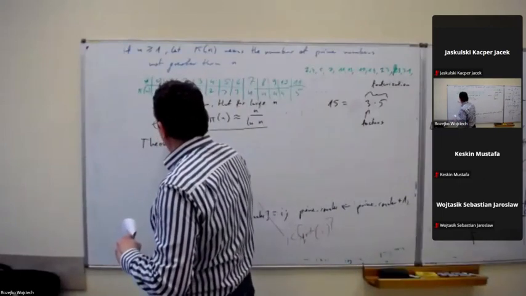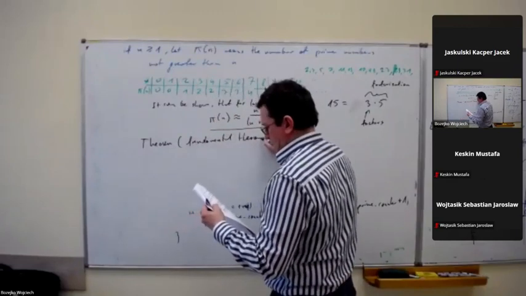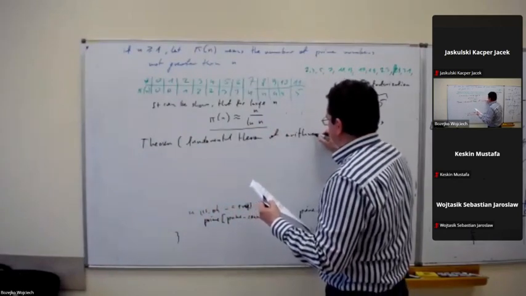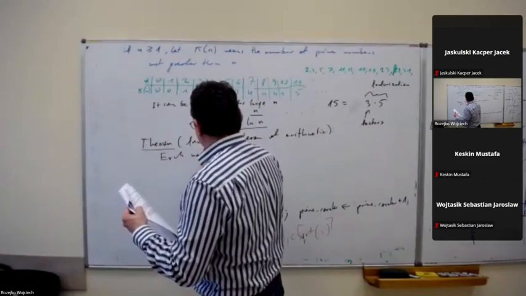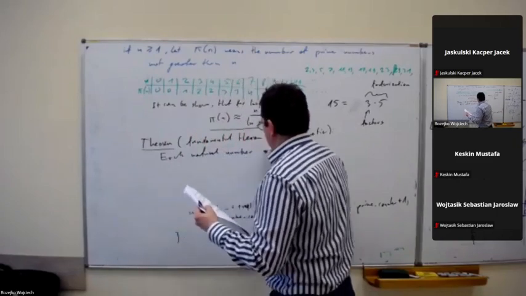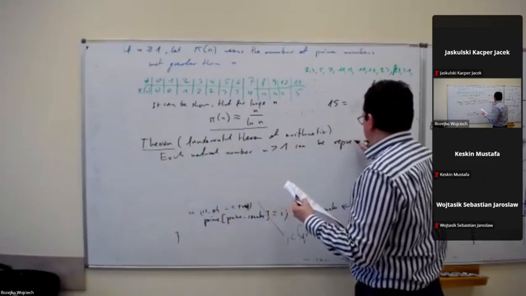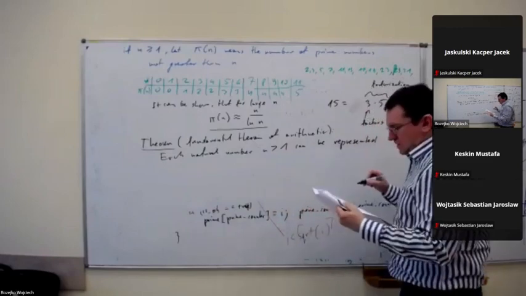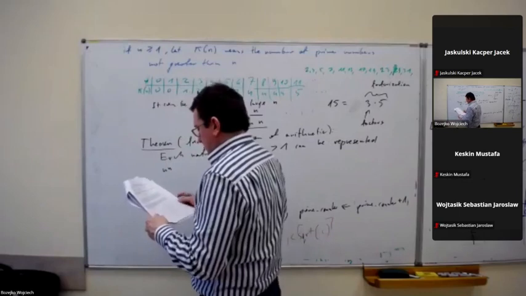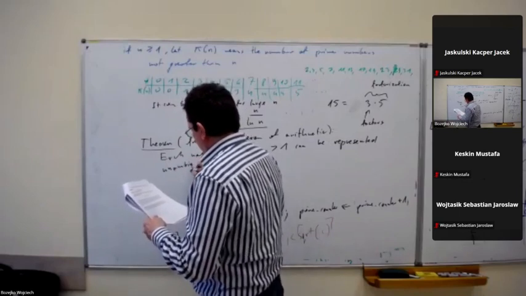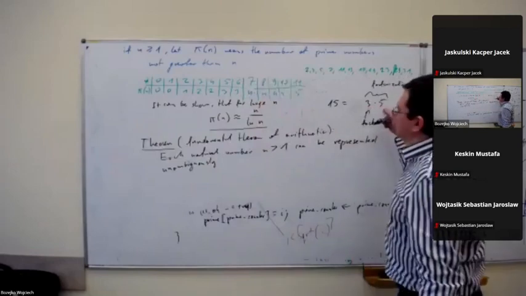Theorem, even the fundamental theorem of arithmetic: each natural number n greater than 1 can be represented unambiguously, which means in only one way, of course up to the order of factors, because this is 3 times 5 and 5 times 3.